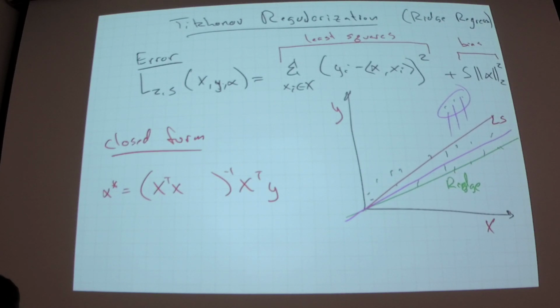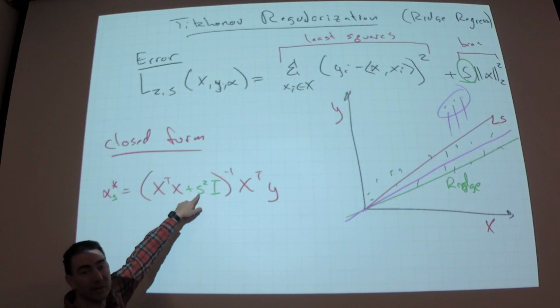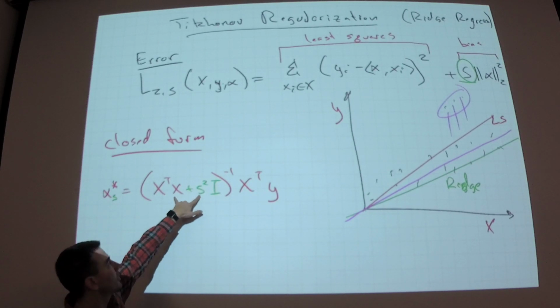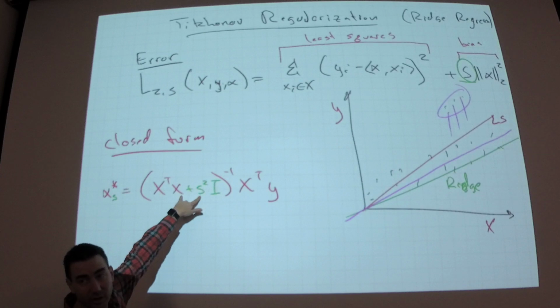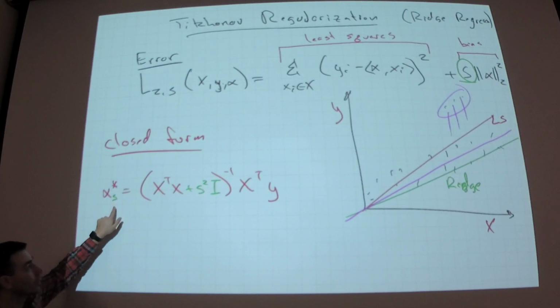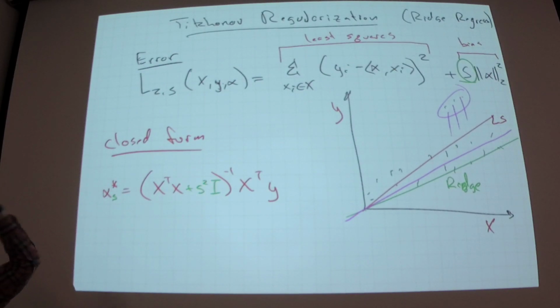And it turns out that if I add an s parameter here, then I just put a d by d identity matrix with an s squared term in front, inside of the inverse. And this is the right closed form solution for this formulation.